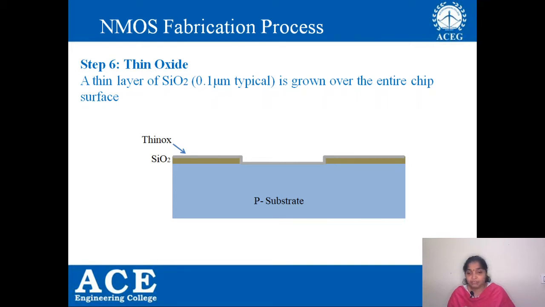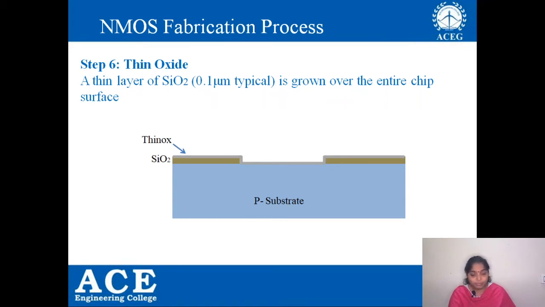This thickness of the silicon dioxide layer we can control with the temperature and the time of the reaction, whether we send oxygen gas or water vapor. Depending on the duration of the reaction and depending on the temperature, these two will decide the thickness of the layer.